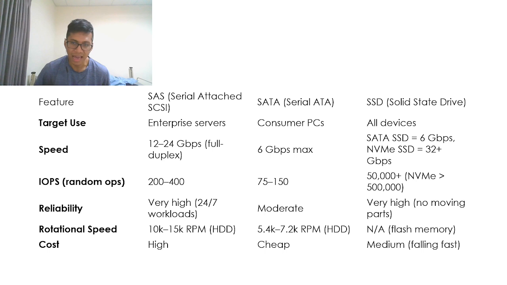This type usually has a dual port connection that makes it have a lot of redundancy. And they support 10K or 15K RPM for the HDD drive, which is much faster random access than SATA HDD.